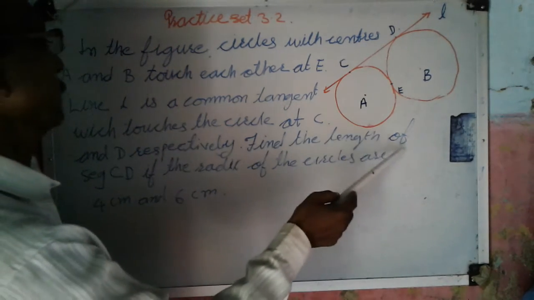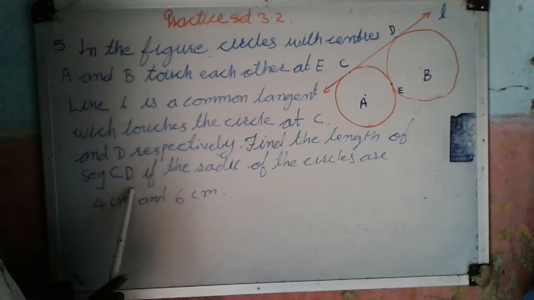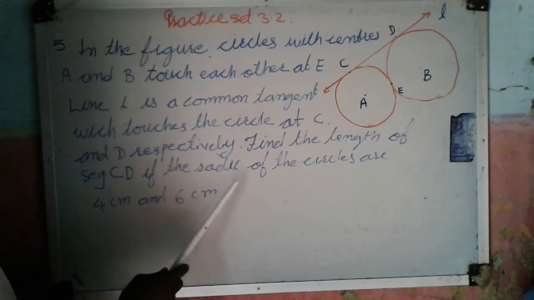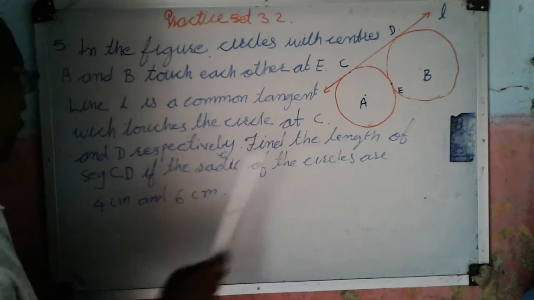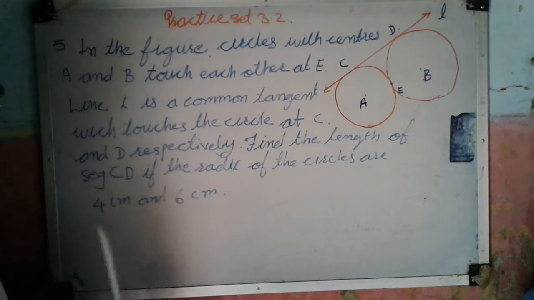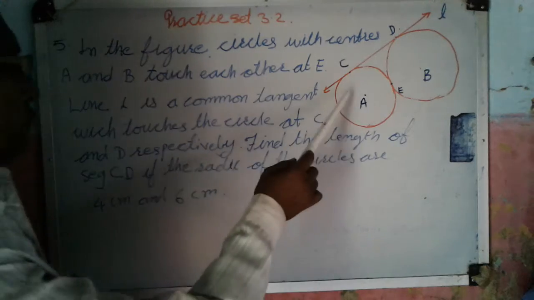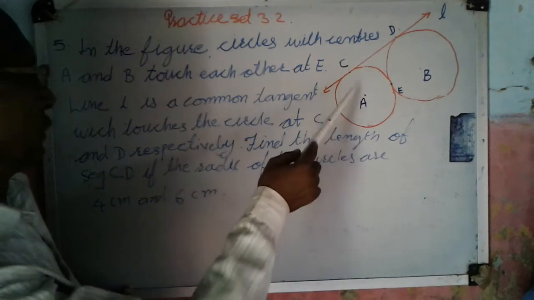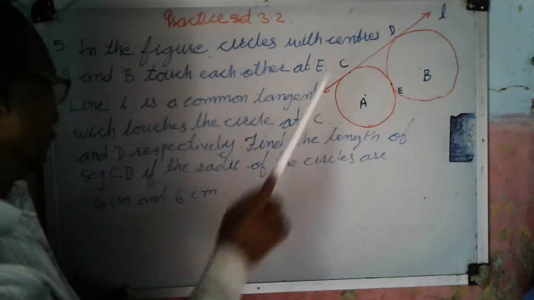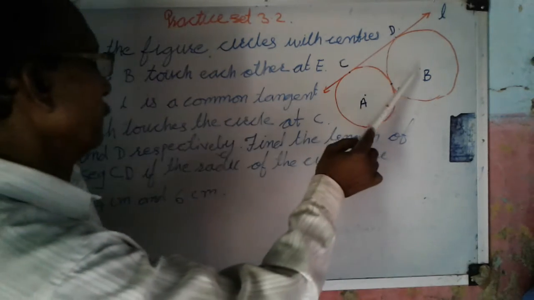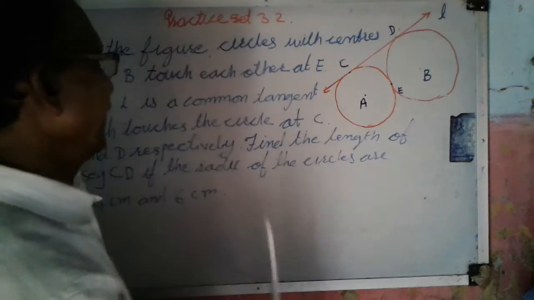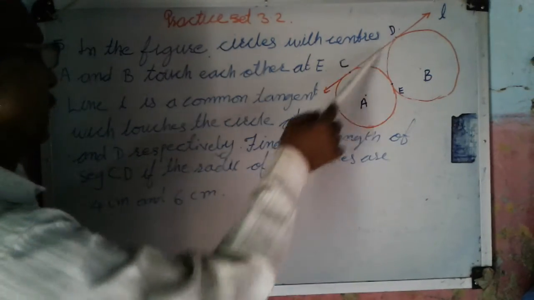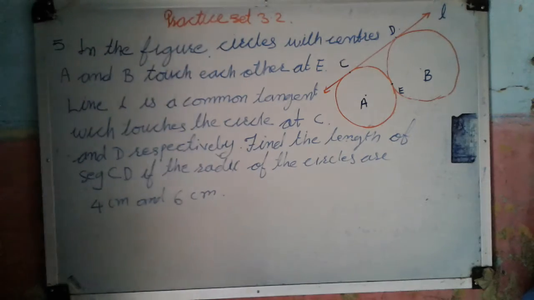Find the length of CD. We have to find the length of this CD, if the radii of the circles are 4 cm and 6 cm. Suppose the radius of the circle with center A is 4 cm and the radius of the circle with center B is 6 cm. So we have to find the length of segment CD.